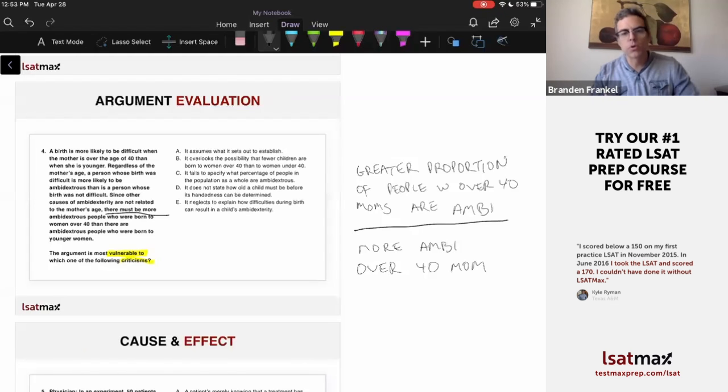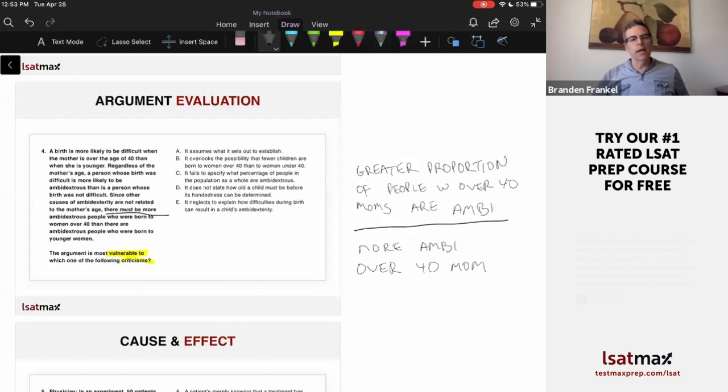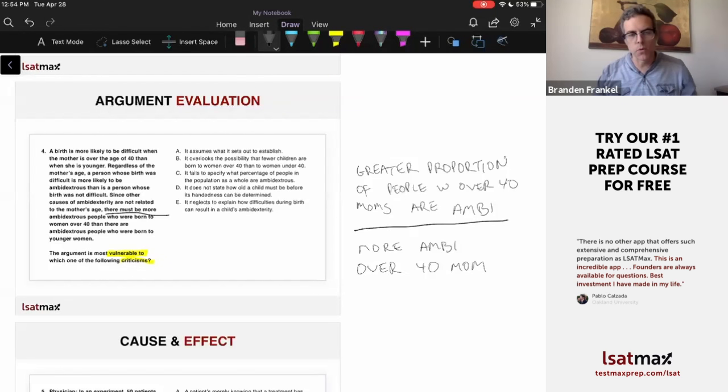In other words, if you're born to an over 40 mom, you're more likely to be ambidextrous. Well, doesn't that just mean that there are more ambidextrous people over 40 who are born to moms over 40? Why does the conclusion not actually follow from the premises?